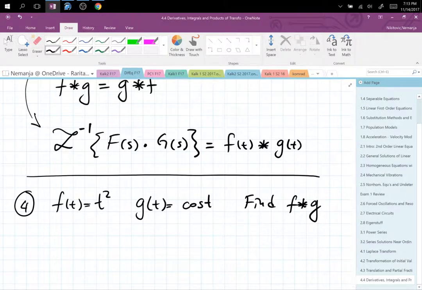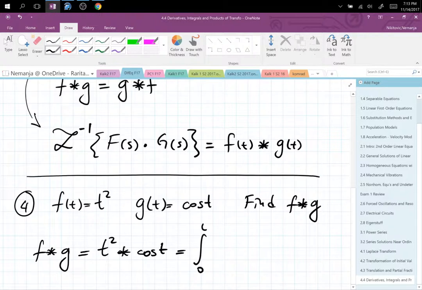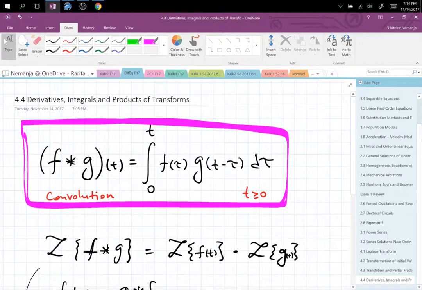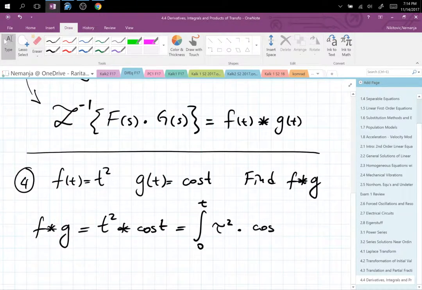All right, so what is our definition? f convolution g is, in this case, t squared convolution cosine t, and that is the integral from 0 to t of tau squared, because it's f of tau, and used to be t, now it's tau, times the cosine of t minus tau d tau.